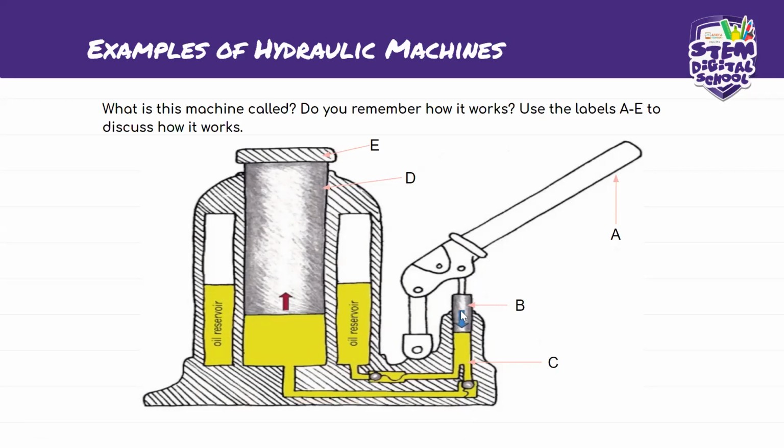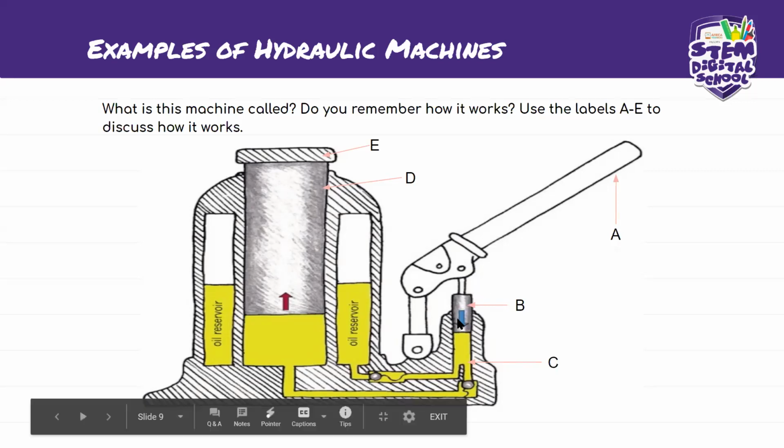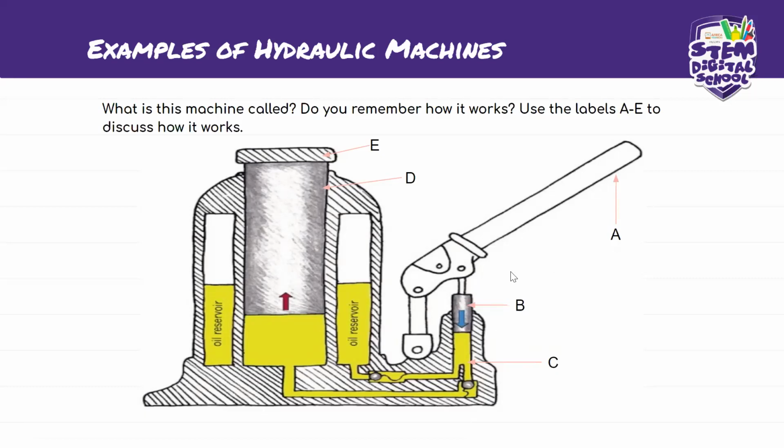B will be our input cylinder. You see, this is our input cylinder. B is our input cylinder. So when you are pumping A, what happens to the input cylinder? The arrow is giving you a clue.